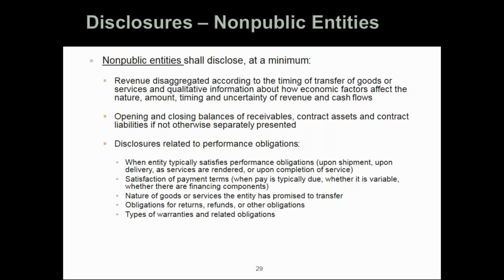Satisfaction of the payment terms. So when payment is typically due, whether it's variable, whether there are any financing components. You'll also have to disclose the nature of the goods or services the entity has promised to transfer, obligations for refunds, returns, or warranties and other related obligations.